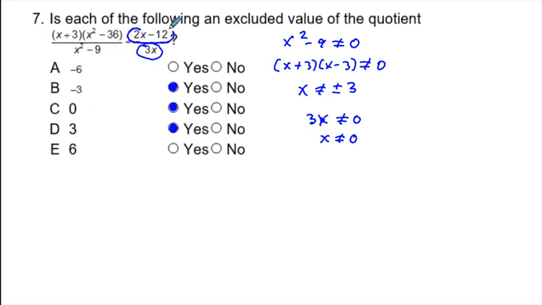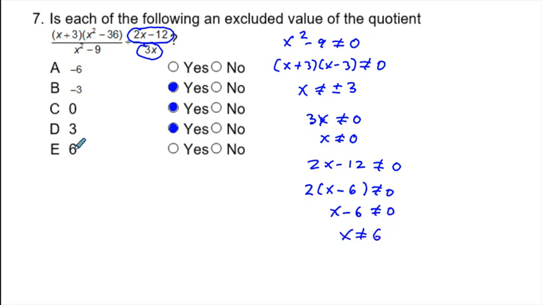So the reciprocal of this fraction here is going to be 3x over 2x minus 12. So also 2x minus 12 cannot equal 0. So that's another possibility for an excluded value. Factoring on the left side, we have 2 times x minus 6 cannot equal 0. So therefore x minus 6 cannot equal 0, so x cannot equal 6. So that is a fourth excluded value. And so B, C, D, E are excluded, but negative 6 is not an excluded value.